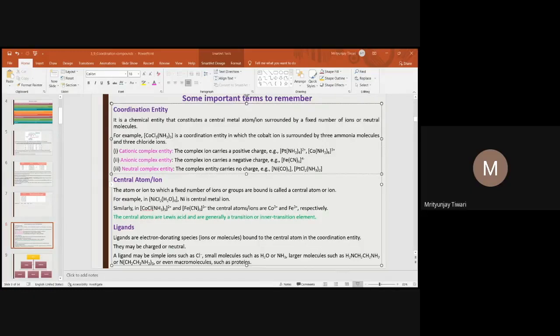If the ligand is monodentate, we write kappa with 1 as a superscript, kappa to the power 1. Bidentate ligands are represented as kappa to the power 2, tridentate as kappa to the power 3, kappa to the power 4 for tetradentate, and so on.